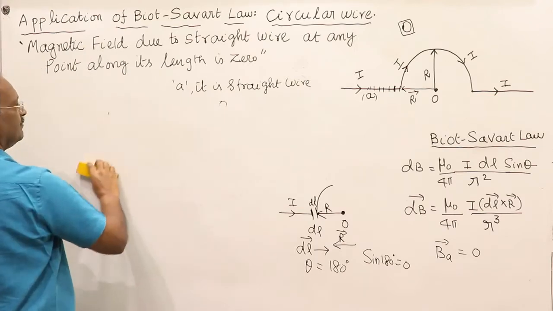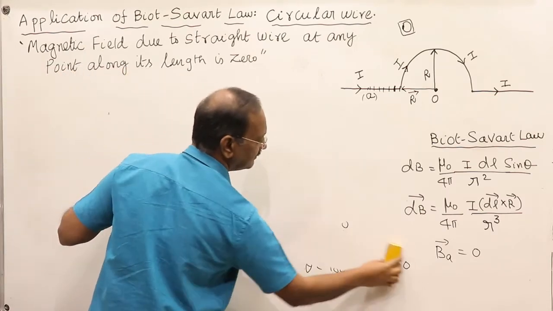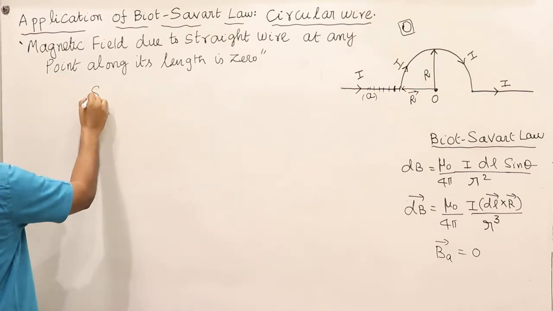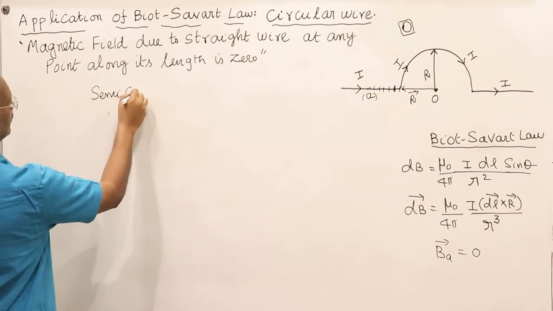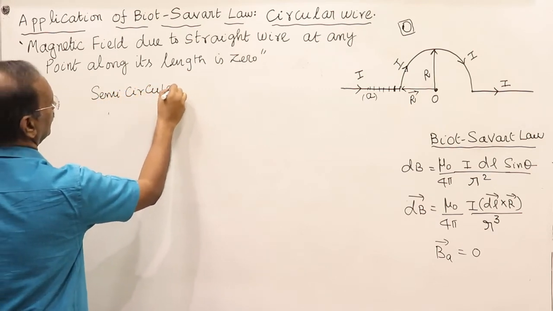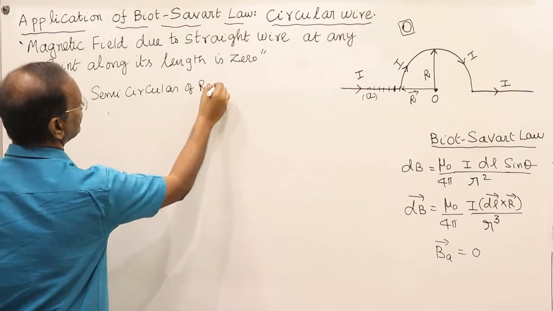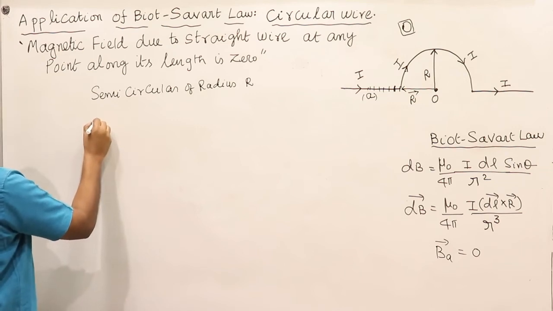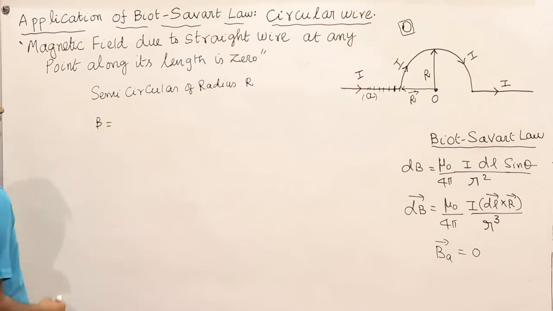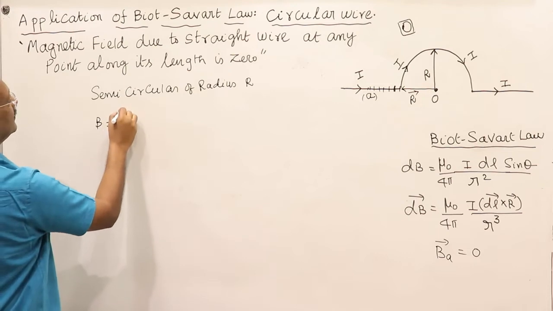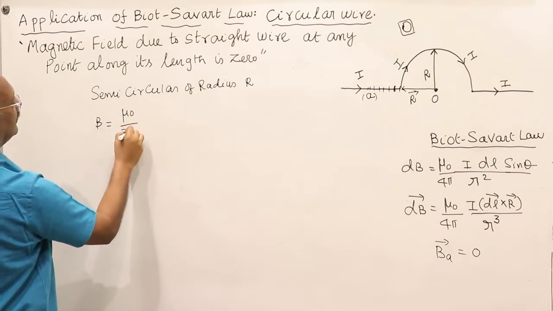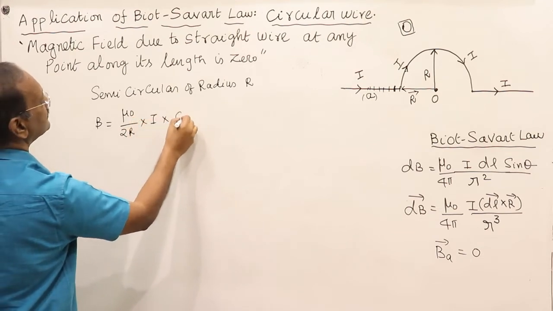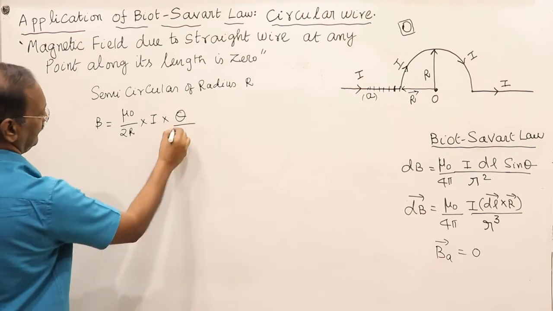Then we go to the second portion. The second portion is a semicircular portion of radius r. Already we have seen the magnetic field produced is equal to mu naught by 2r into I into the angle subtended at the center divided by 2 pi.